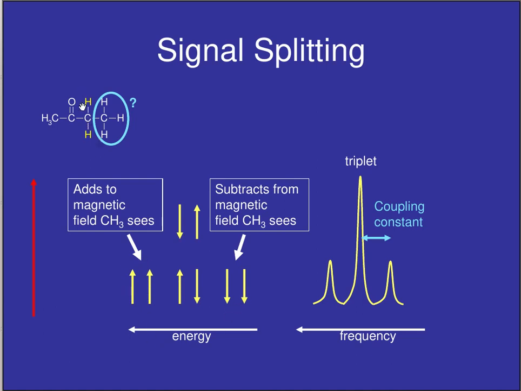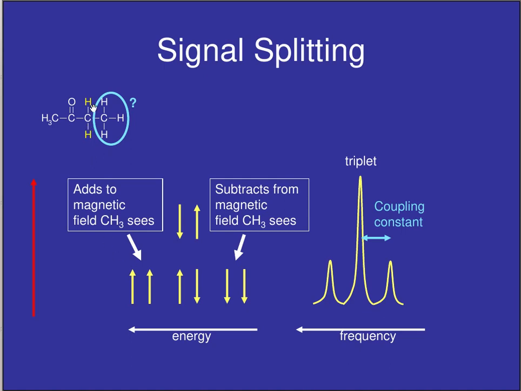When both of them are aligned with the magnetic field, they cause the methyl group to see a greater magnetic field, and so you will see a signal at a higher magnetic field.